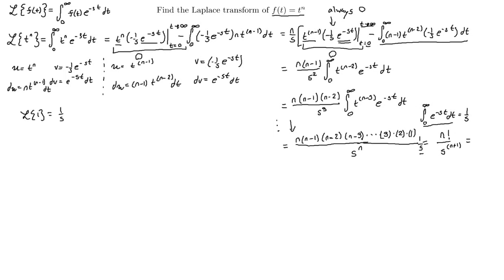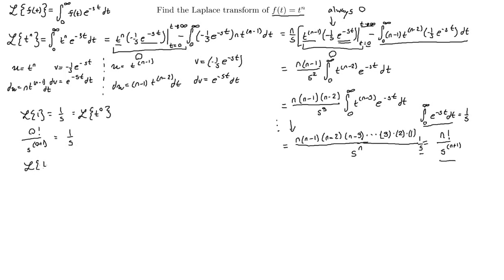So let's just check this with what we already know. Laplace transform of t to the 0, right? T to the 0. So if I plug in 0 into here, I get, well, 0 factorial over s to the 0 plus 1, which would just be 1 over s, right?